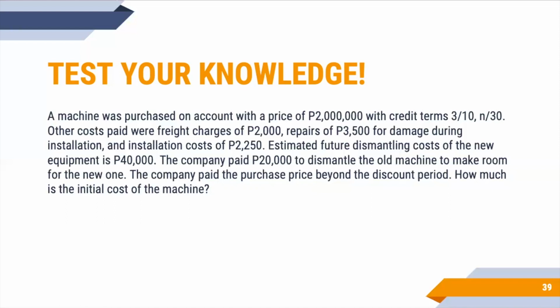Estimated future dismantling cost of the new equipment is 40,000. The company paid 20,000 to dismantle the old machine to make room for the new one. The company paid the purchase price beyond the discount period. How much is the initial cost of the machine?